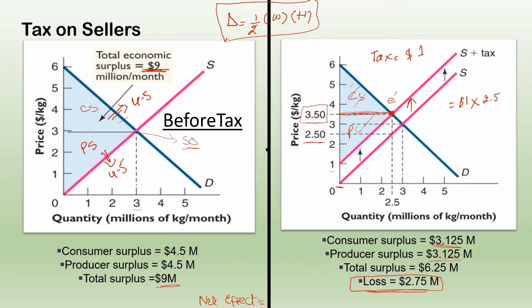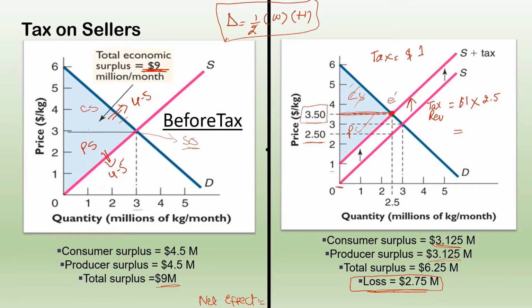So we can say that the total tax revenue which the government is generating is equal to $1 multiplied by the total amount traded in that market, which is 2.5.